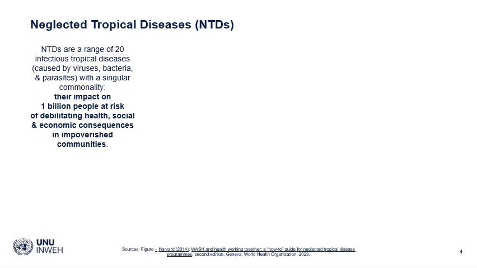Neglected tropical diseases, NTDs, are a range of 20 infectious tropical diseases caused by viruses, bacteria, or parasites with a singular commonality: their impact on 1 billion people at risk of debilitating health, social, and economic consequences in impoverished communities.